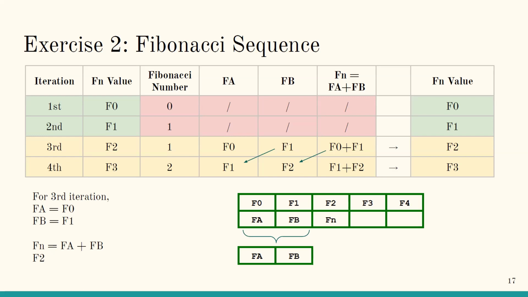Fa and Fb are the previous two values, and you just put them together and then substitute that value to F2. F2 is the third iteration. This slide is talking about the third iteration only. So Fa has value F0, Fb has value F1.